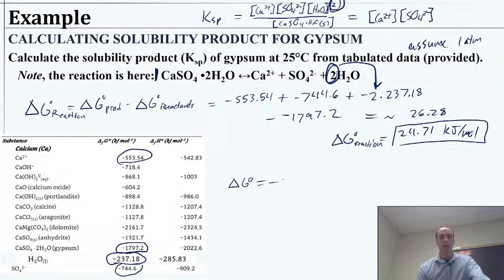Negative RT ln K. So given that now we have that term for the reaction, this would be the solubility product, since that's the reaction we're talking about. We can solve for K. And again, there's going to be a slight difference here, but it should be very close.